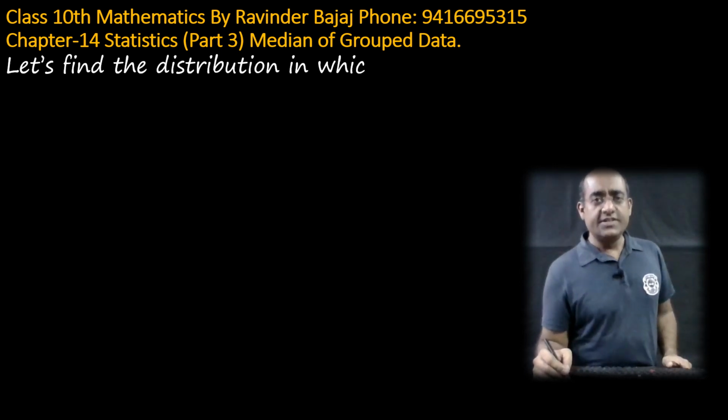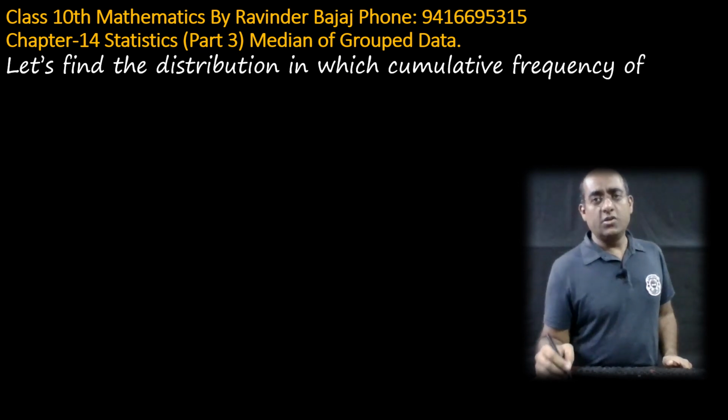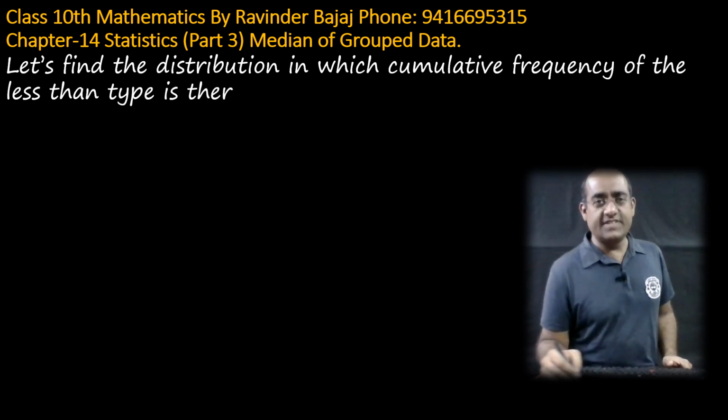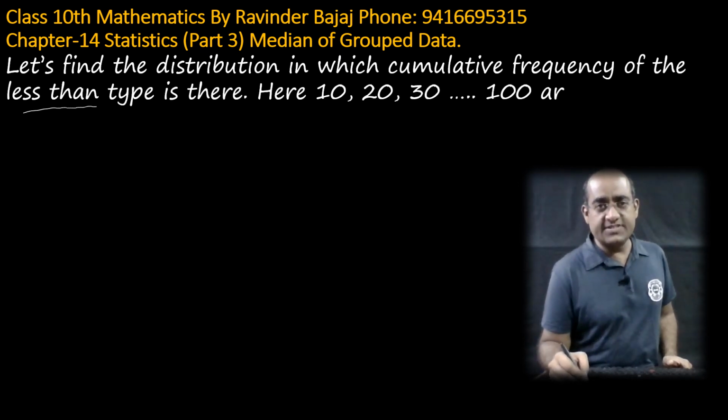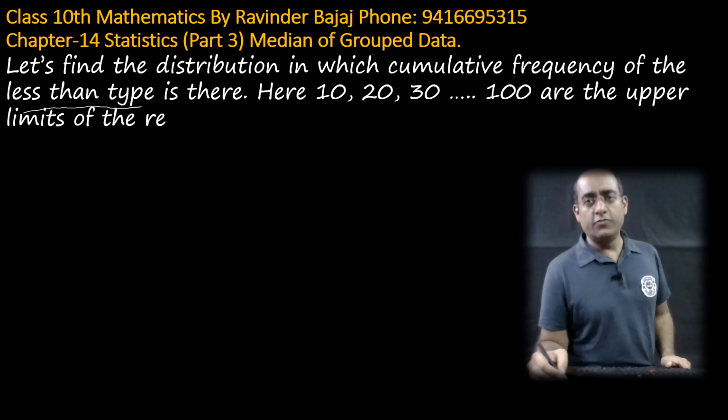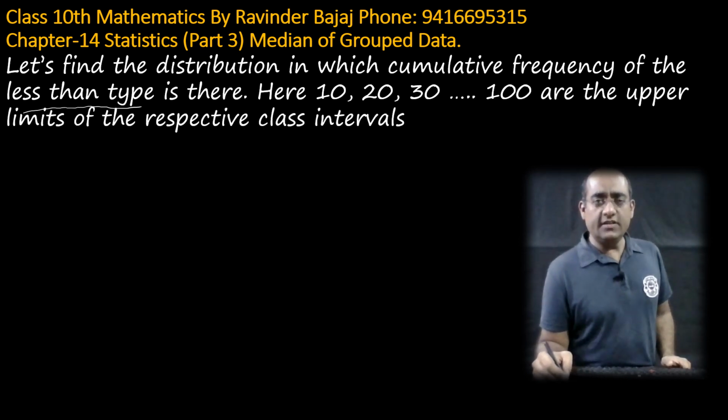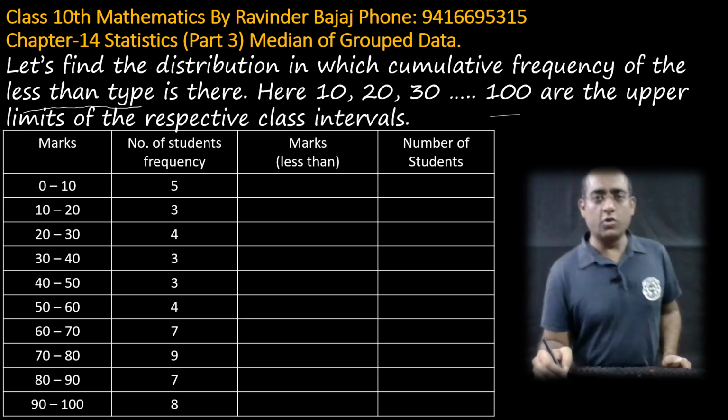Let's find the distribution of the less than type cumulative frequency, remember this, where in the class intervals 10, 20, 30, 100 are the upper limits of the respective class intervals. These two columns we have to find.